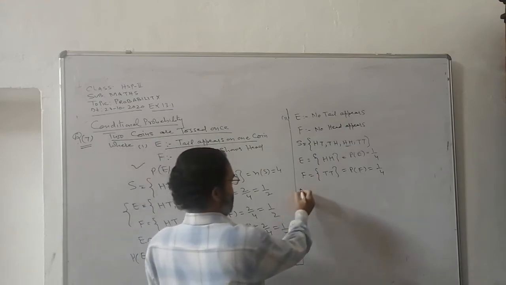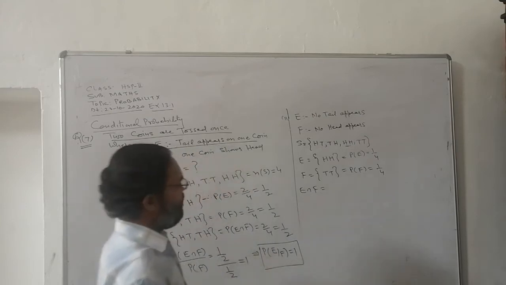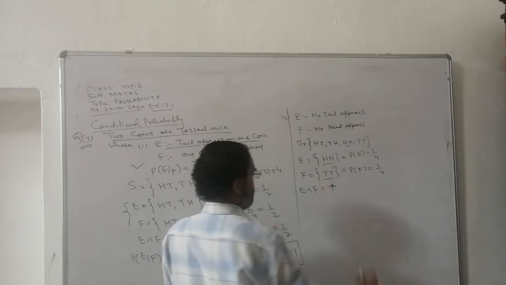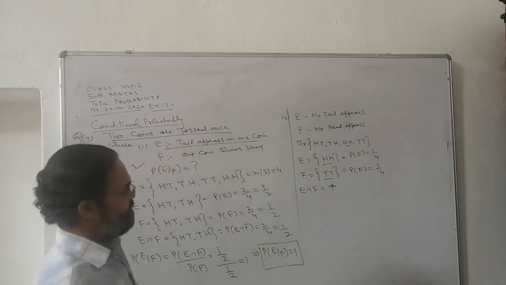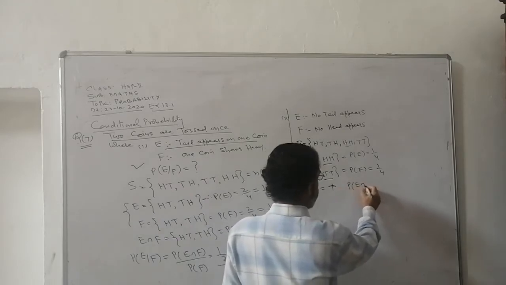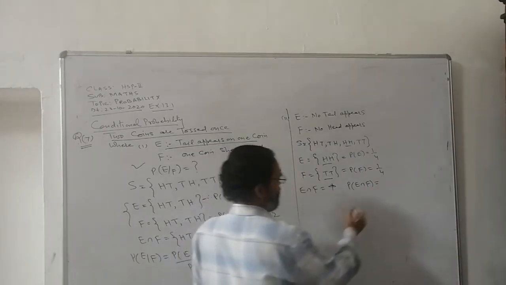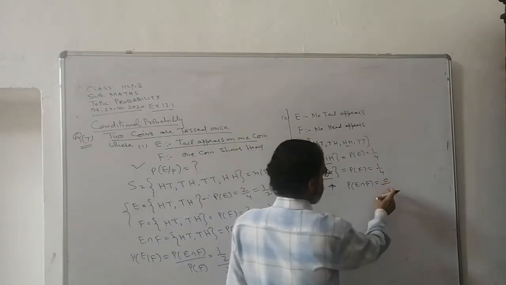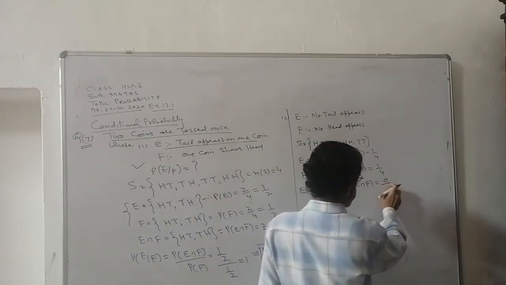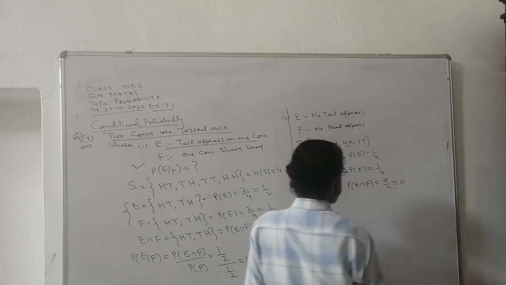If I find the intersection of E and F, there is no point common. That means the intersection of E and F is empty. So if I have to calculate probability of E intersection F, the number of favorable chances is 0, so this will be 0.